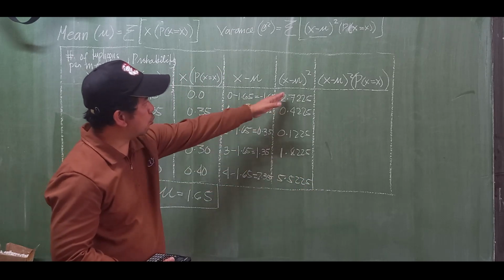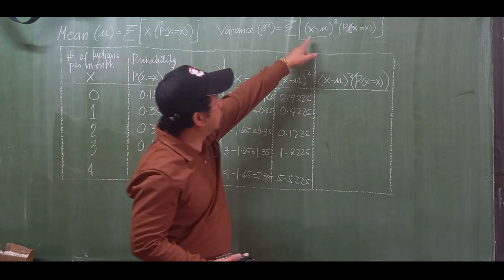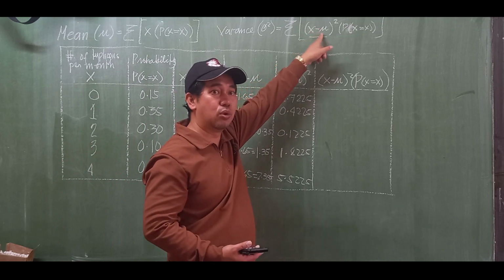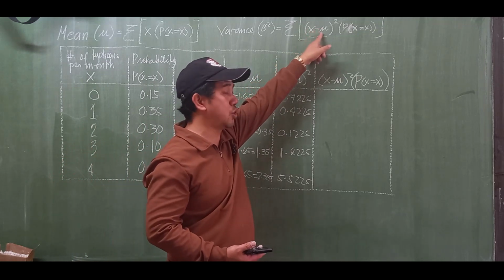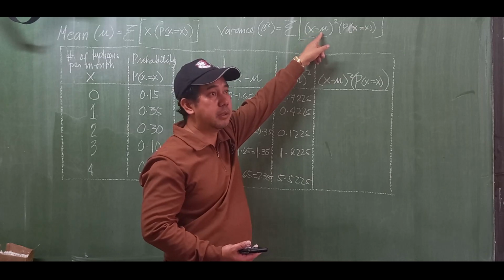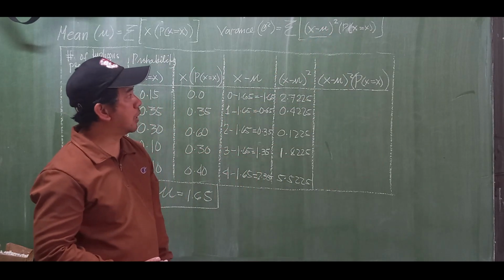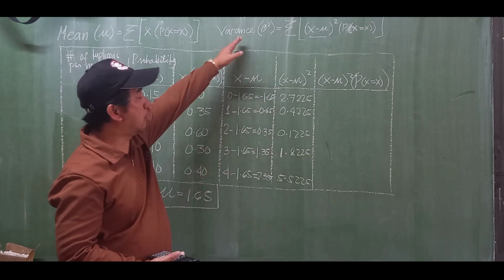Meaning to say, these results are actually the squared results of x minus the mean, or variable minus the computed mean, then raised to the second power. Now, what is the next? Still, we are talking of the variance.